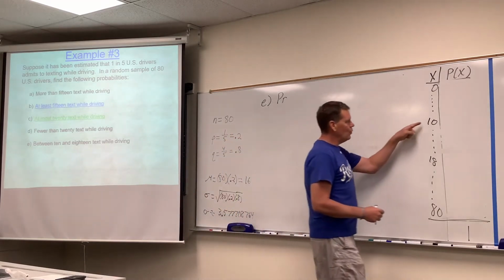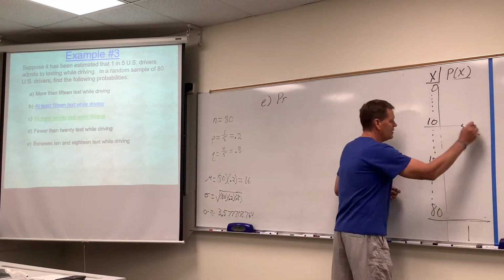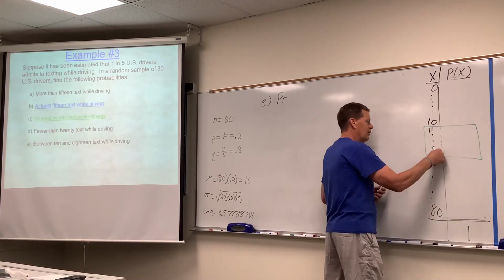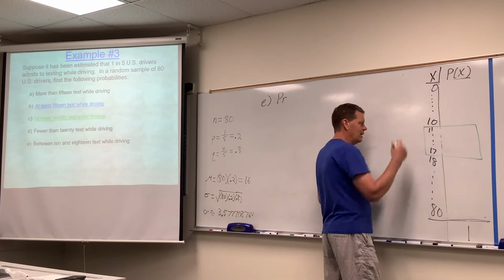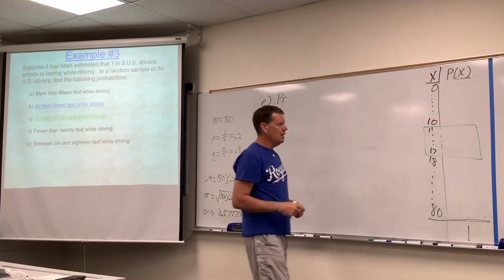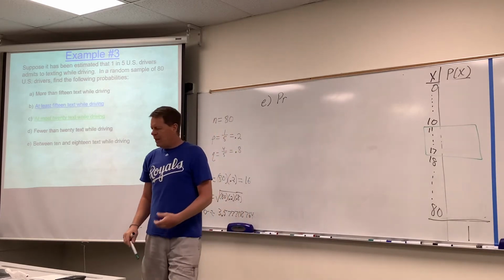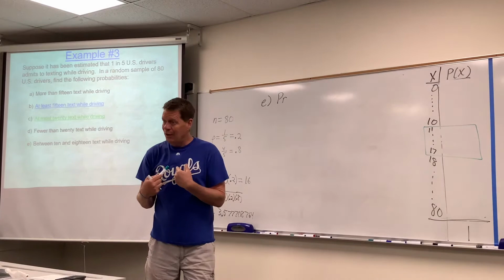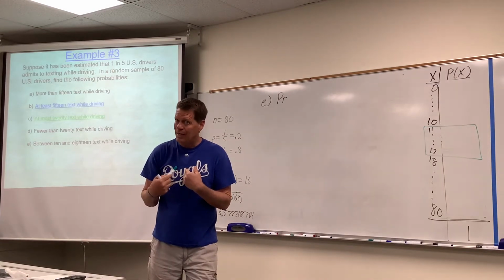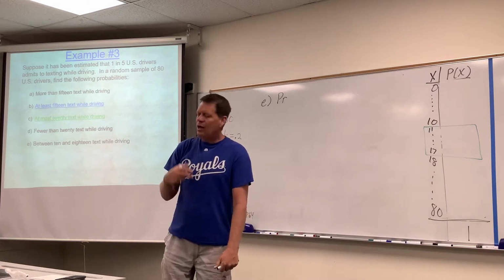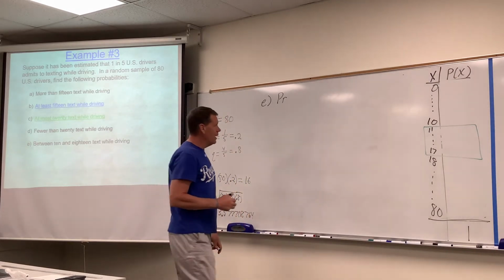So between 10 and 18 is actually the numbers from 11 to 17: 11, 12, 13, 14, 15, 16, 17. In math class, if you say between, you're not including those endpoints themselves.